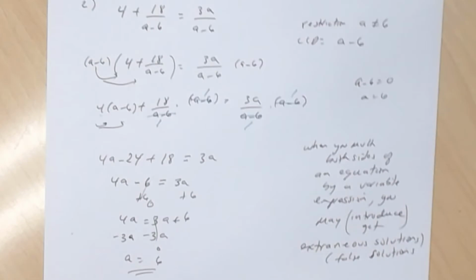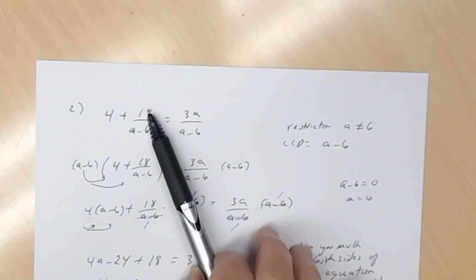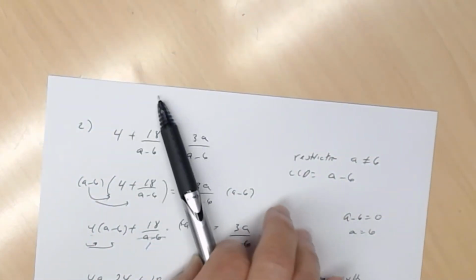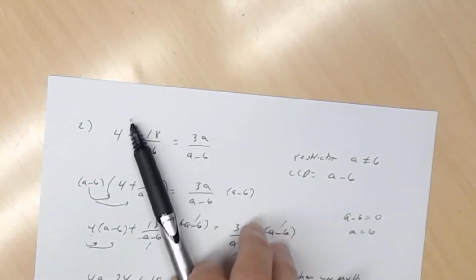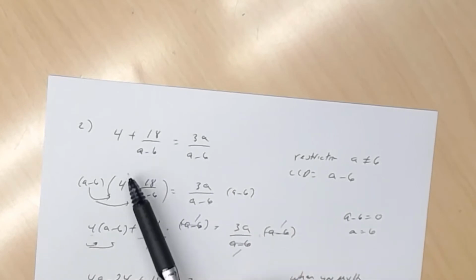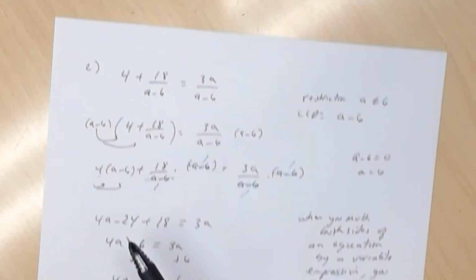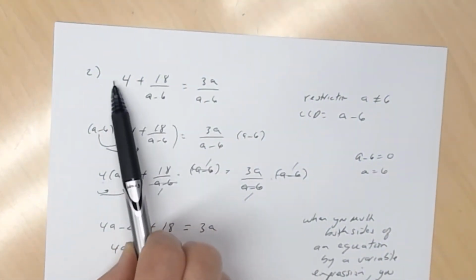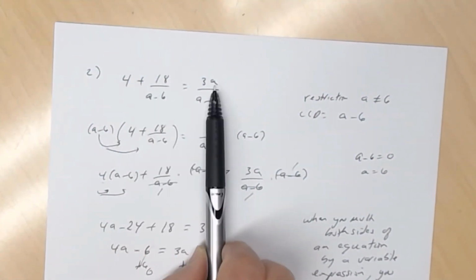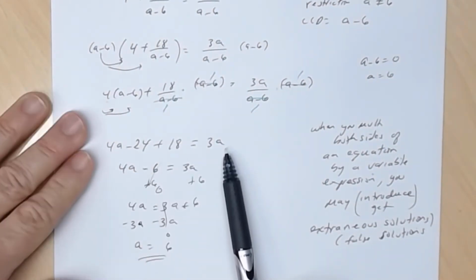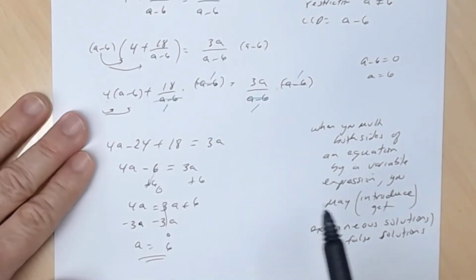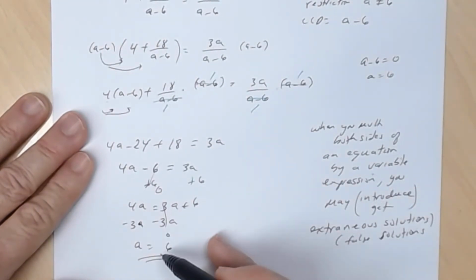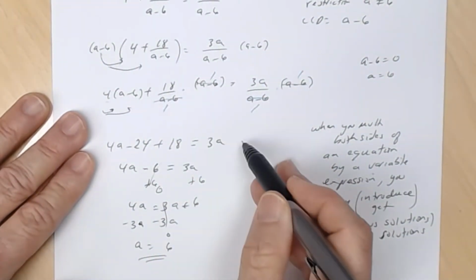So this cannot be a solution to this, because a equals 6 makes this undefined. And remember, we cannot divide by 0. Well, you may say, well, how do we get a equals 6? Well, here's the thing. Remember, I went from a rational equation to a linear equation. So this right here, a equals 6, is a solution to something. It's a solution to this linear equation.